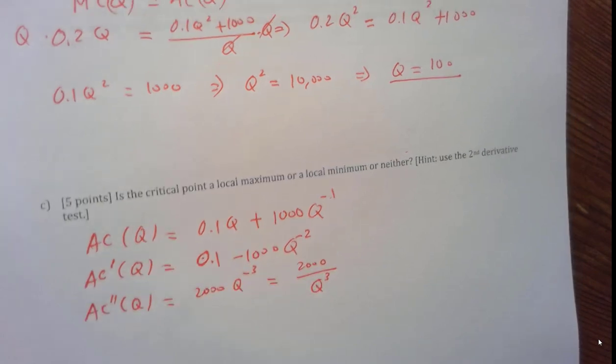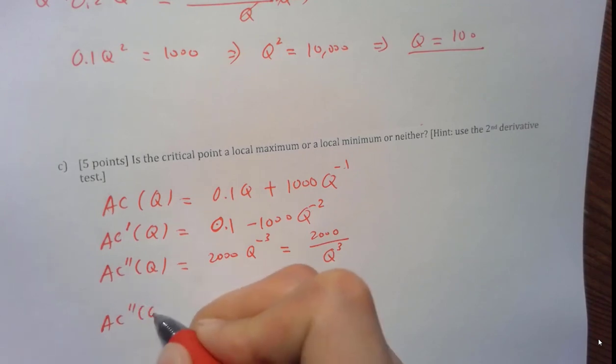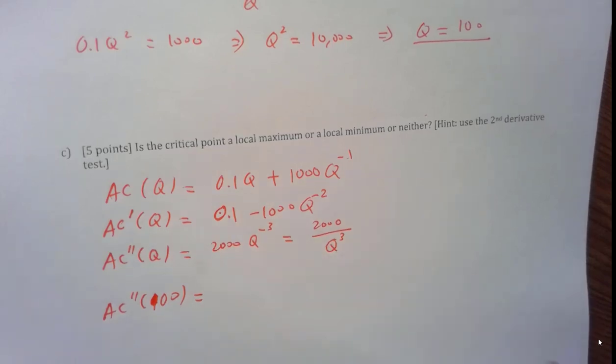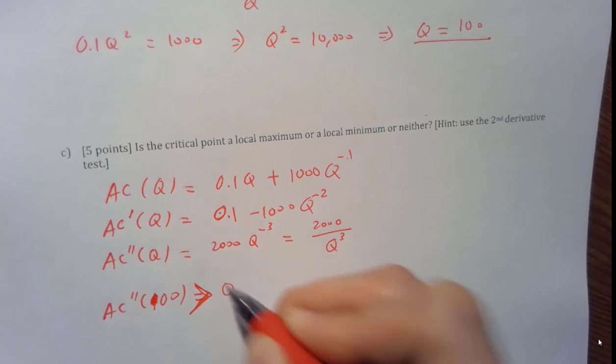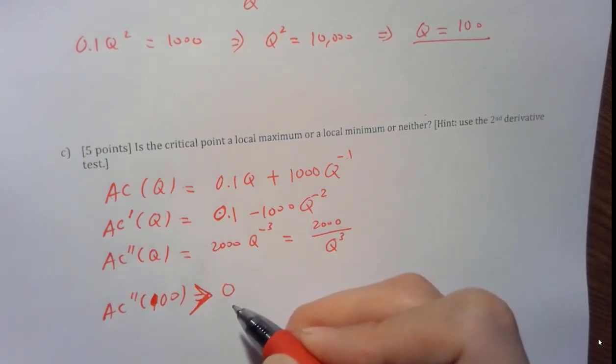And we know that the critical point is 100, so I plug 100 into the second derivative test, 100 for Q. It should give me some value bigger than 0. So this whole expression is bigger than 0. Wait, hold on, let me check this one.